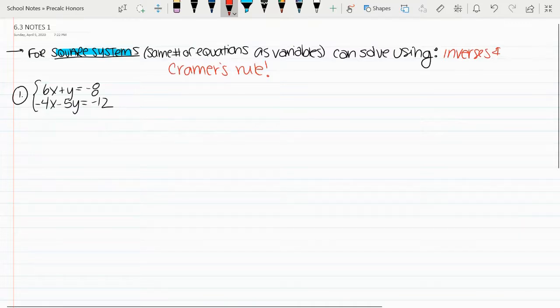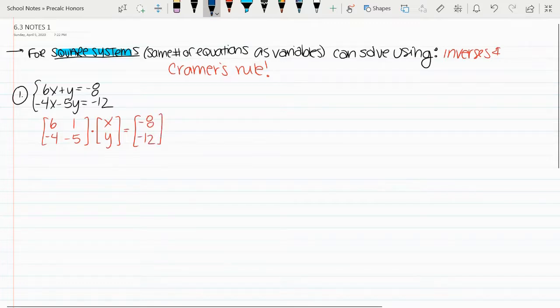But we can write this system as a coefficient matrix, a variable matrix, and then the answer. And what I mean by that is we can take all the coefficients like we normally do for Gaussian elimination, and then I can write the coefficient matrix, and then we have our answer matrix here.